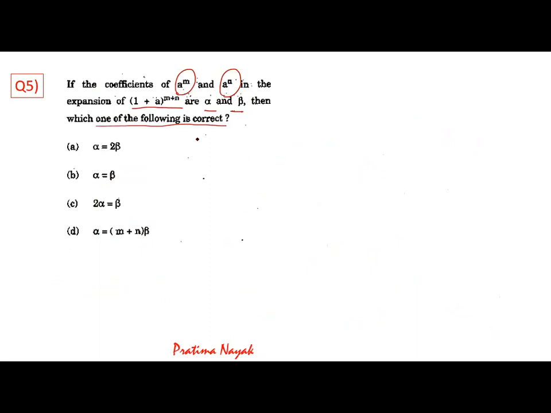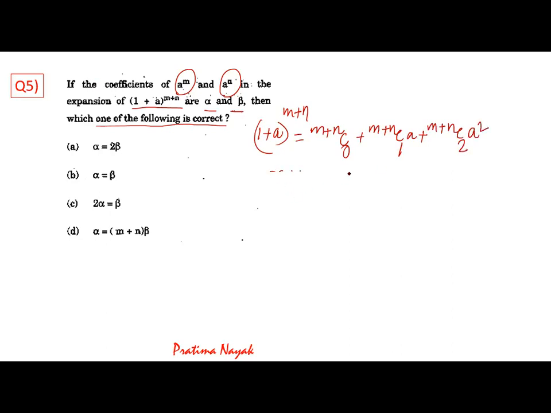When you are expanding (1 + a) to the power m + n, you are getting (m+n)C0, (m+n)C1, (m+n)C2, and so on.